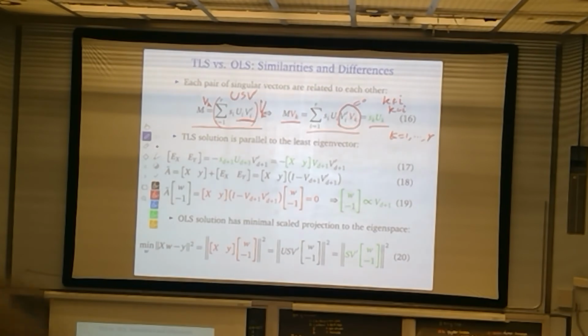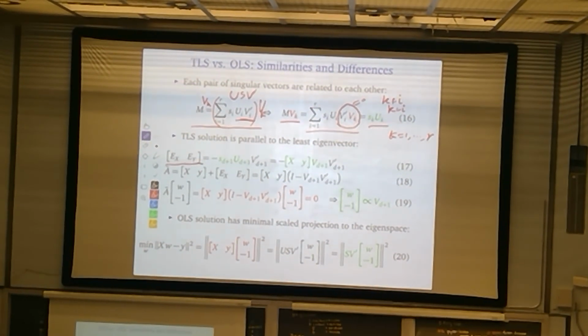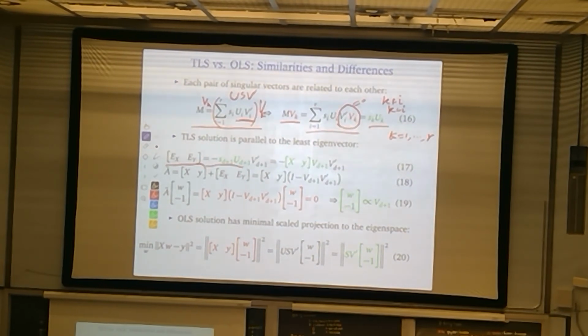Now, the TLS solution, we have seen in the past, we're going to make adjustments to both X and Y. And the TLS solution is, in the end, this last residual term. It's the least eigenvector. You have this representation, and we are going to apply this using what we derived here.